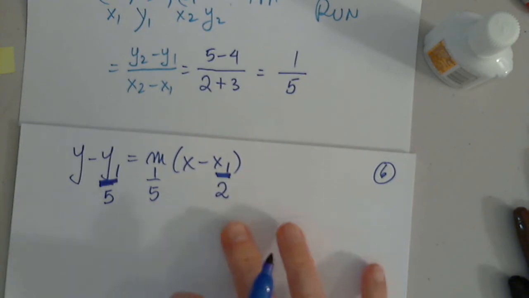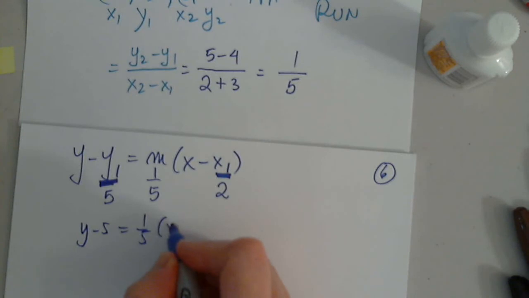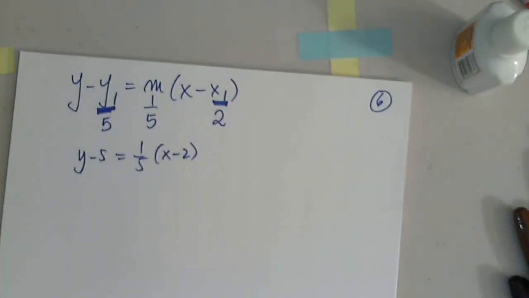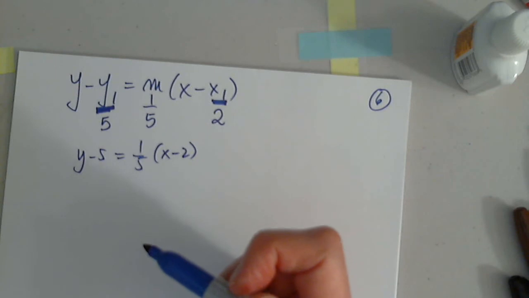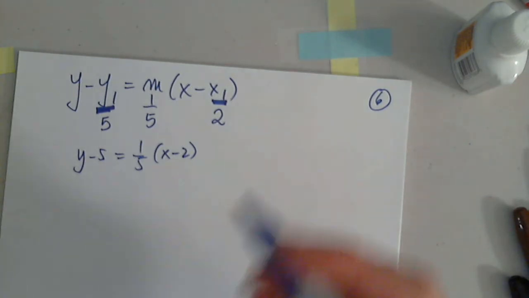Okay, and now I'm going to plug them in. y minus 5 equals 1/5 times (x minus 2). Let's distribute. Can anyone distribute? Kush, can you distribute for us?